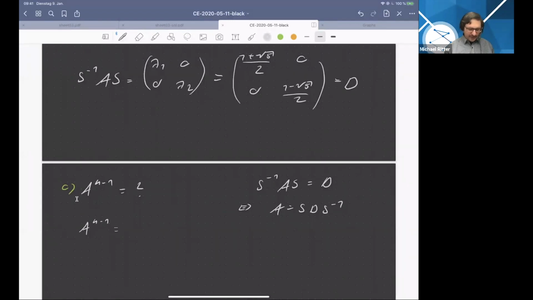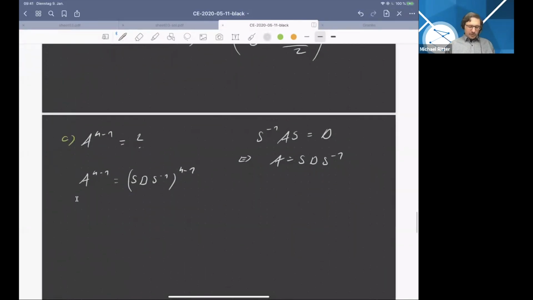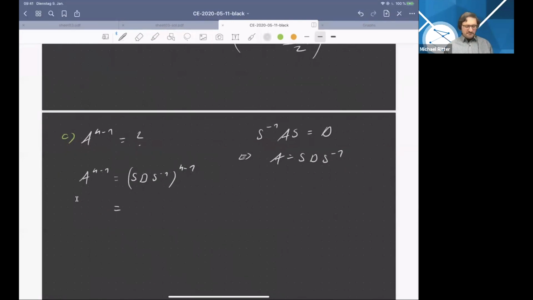And then of course we can use this and say, well, that's the same thing as S D S to the minus 1 to the n minus 1. Taking a matrix to the n minus 1 basically means multiplying that matrix by itself n minus 1 times.